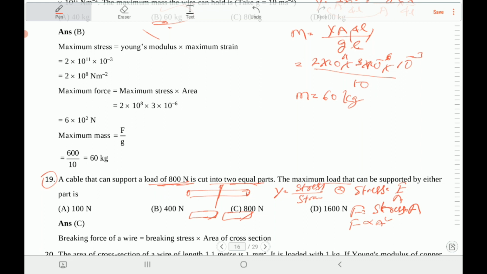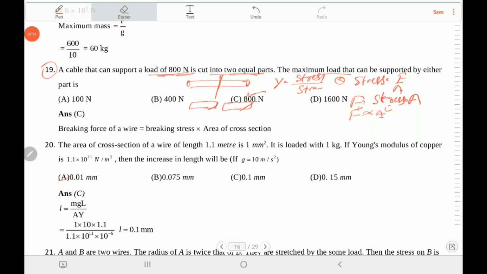Here, breaking force or stress depends only on the material and area. So the force remains 800 only. Before you cut, breaking strength is 800. After it is cut into 2 halves, breaking stress remains the same. That's what you have to remember.